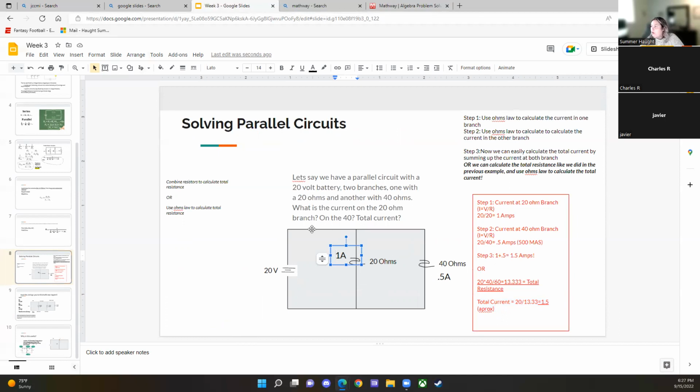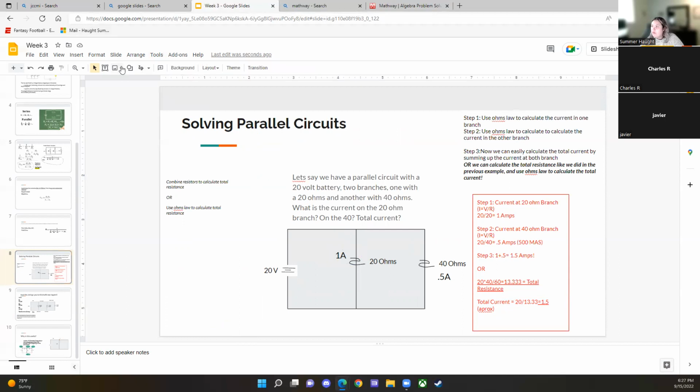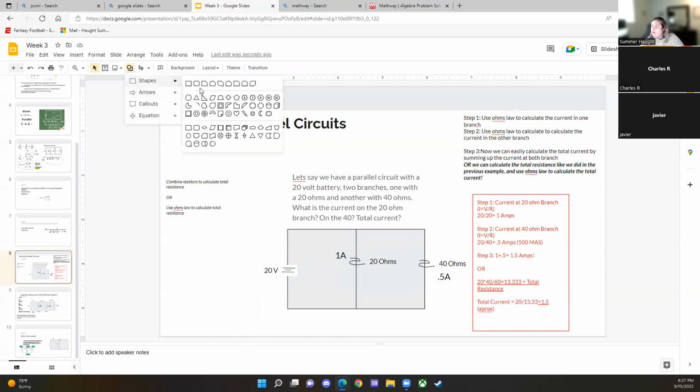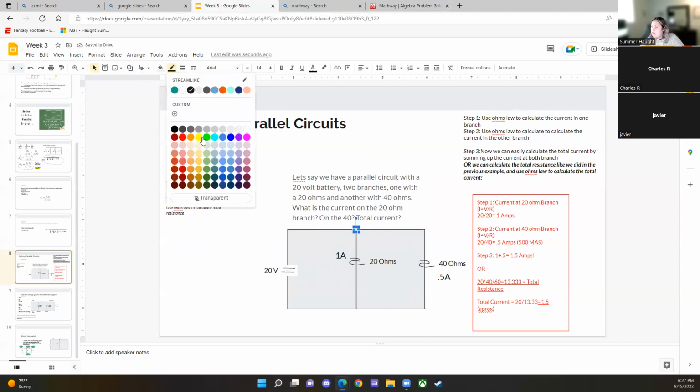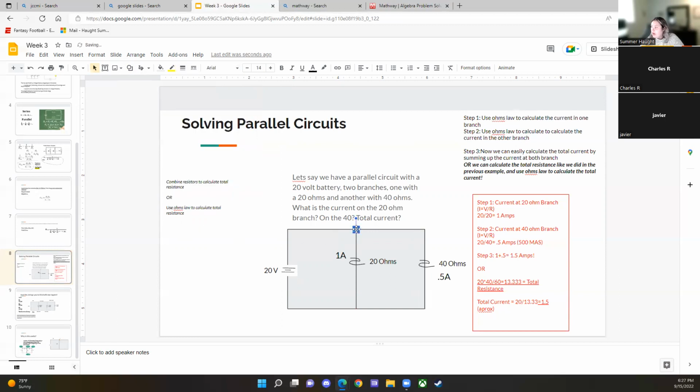Something important about parallel circuits that we also learned this week is that at these junctions, which is the point at which the pathway switches and there are multiple directions our electricity can flow, our current splits up. So we don't know the current that's here, right?